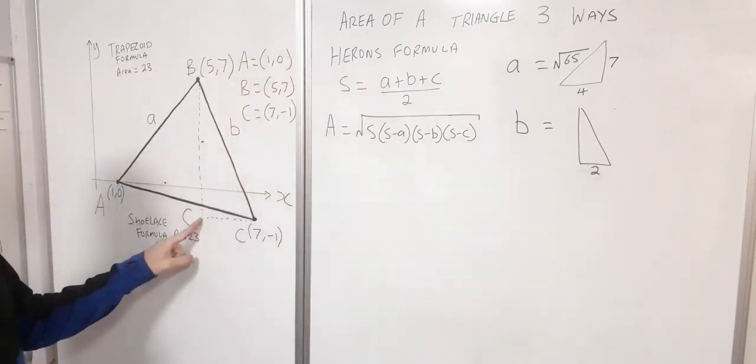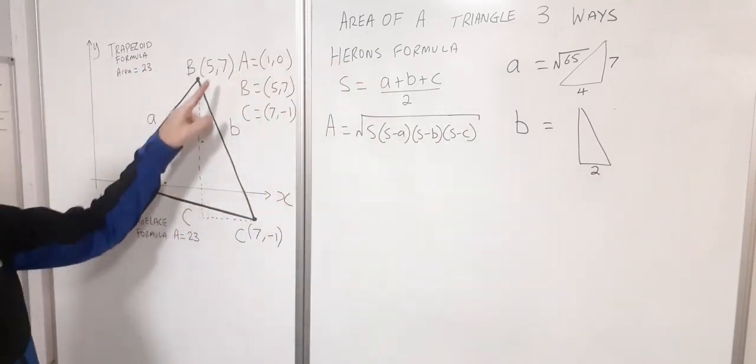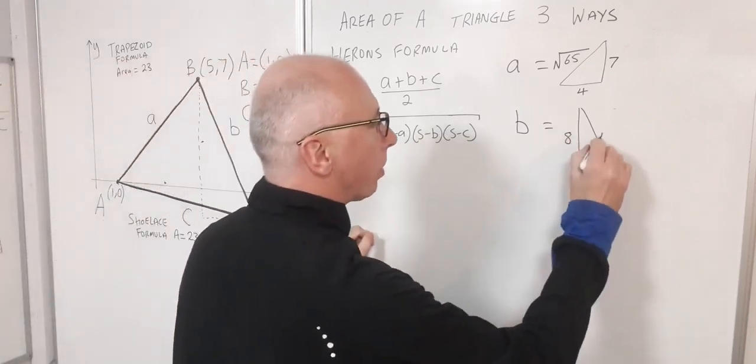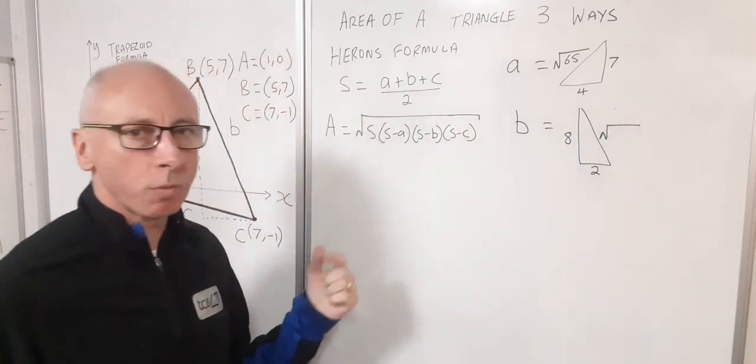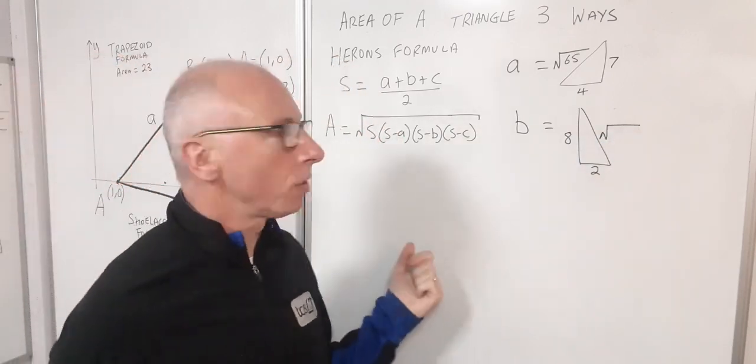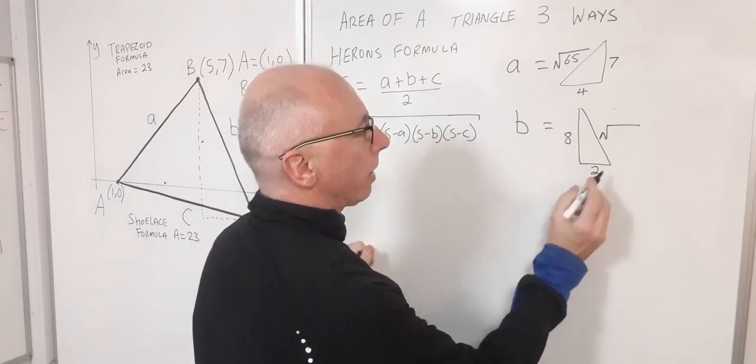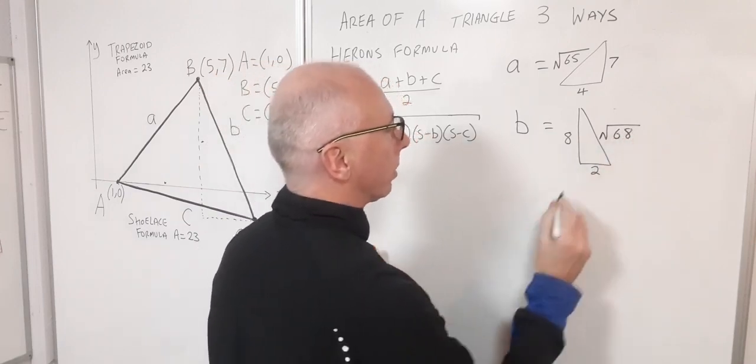And this one here, our y coordinates goes from minus 1 to 7, so this is a side of 8. So then we've got a square root, so the square root is going to be our answer because it's the hypotenuse we're interested in. We've got 8 squared plus 2 squared, so that's the square root of 68.